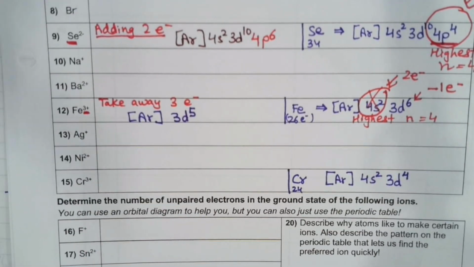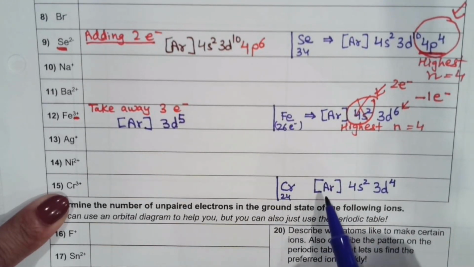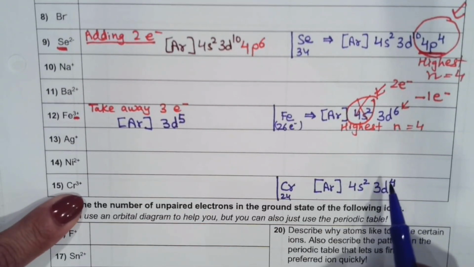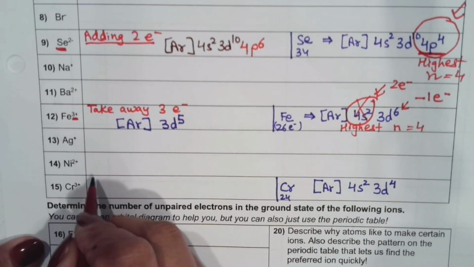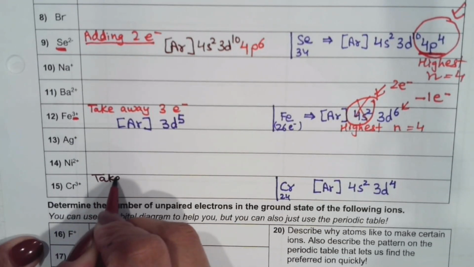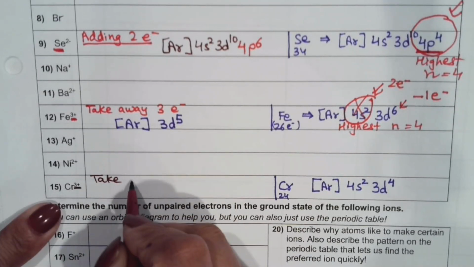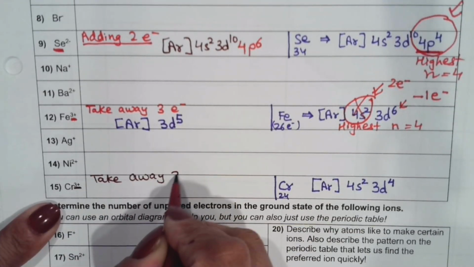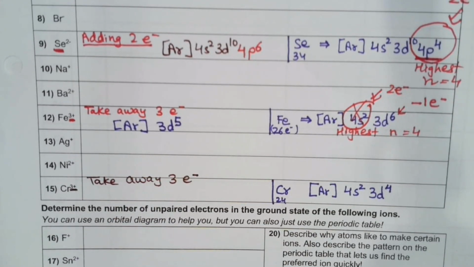Now let's do one more example. Let's do chromium 3 plus. So this is the chromium neutral atom. This is the configuration of the neutral atom. Again, we are taking away how many electrons? 3 electrons, because it has a charge of 3 plus. So how will we take away 3 electrons?